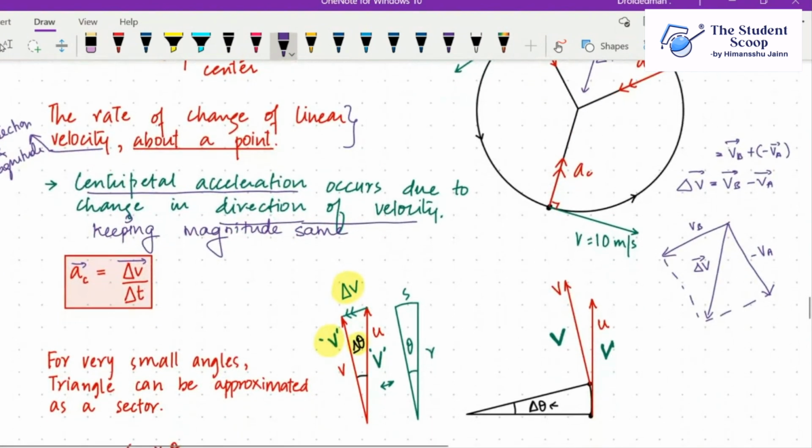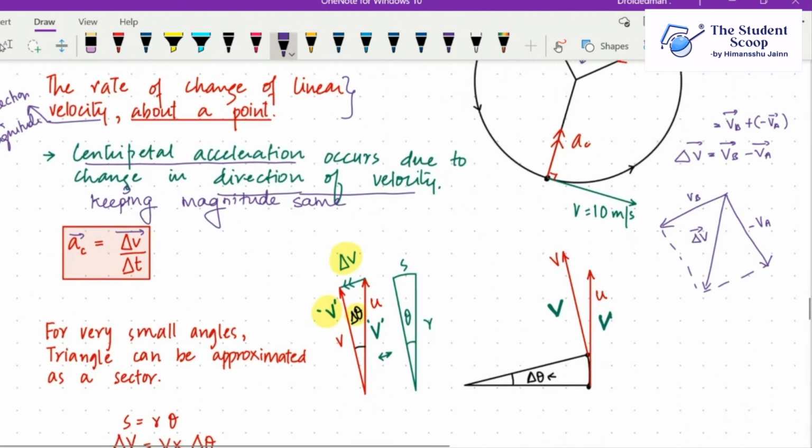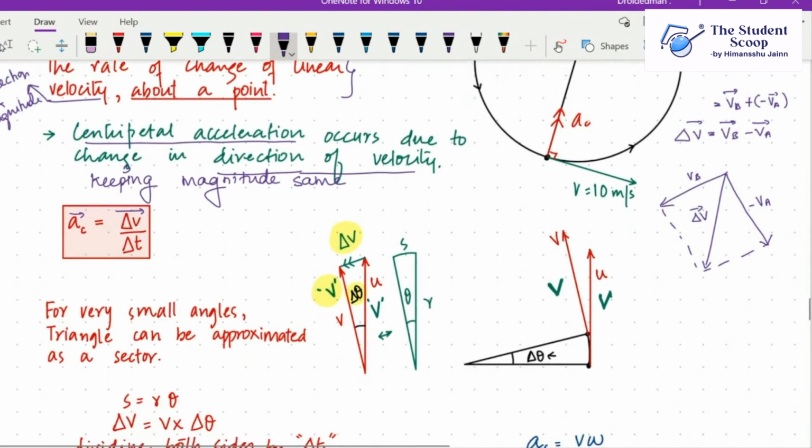Then, if we want to calculate how much, how we can measure this, apart from knowing the direction: imagine a length of an arc for a very small theta, with two velocities, u and v. Now u and v have the same magnitude, but their directions are different. The length of this arc represents the change in velocity vector.